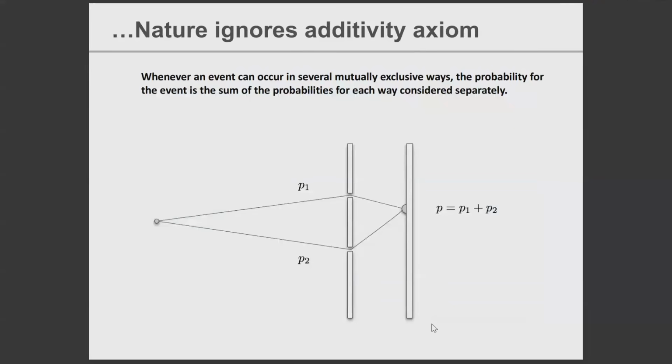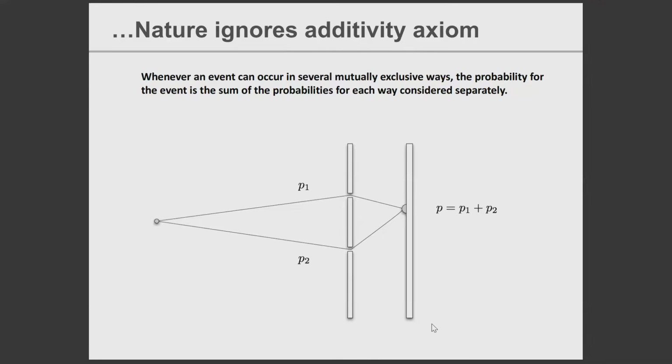Take something that you probably learn in your elementary intro to quantum physics: a double slit experiment. You have a source of particles, usually photons, then 2 slits, and a point on the screen somewhere. A single particle can take one of the 2 paths from the source to the final destination.